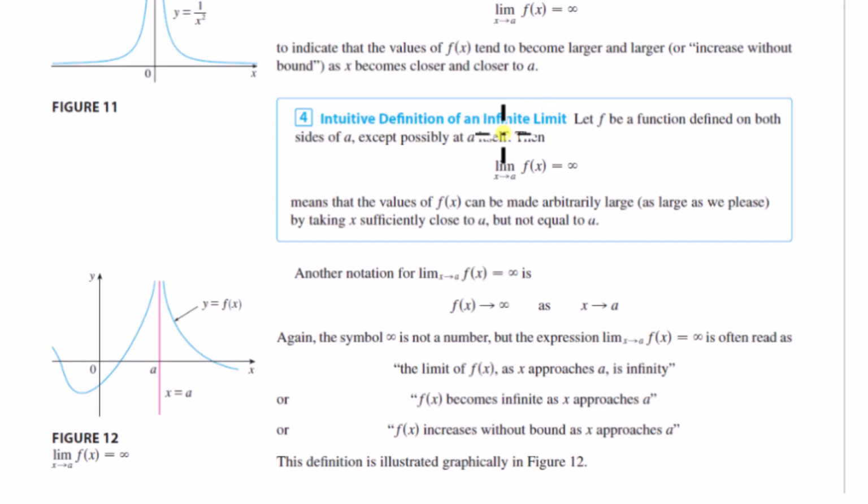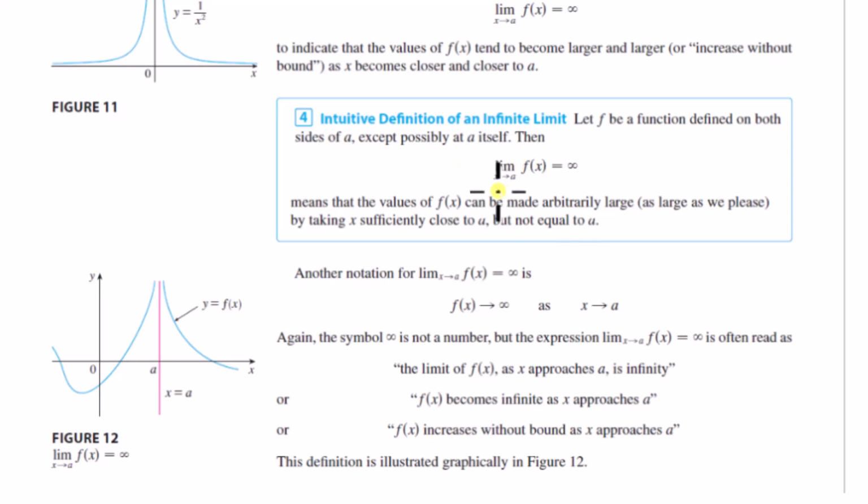Now, if we think about an intuitive, more official definition of an infinite limit, which again is a limit that approaches positive or negative infinity, we're saying: let f be a function defined on both sides of a. So we're thinking about not a one-sided limit here, but a general limit. For a general limit to exist, you need the function to be defined on both sides of a, but what happens at a doesn't matter.